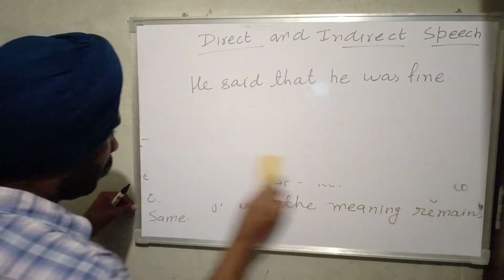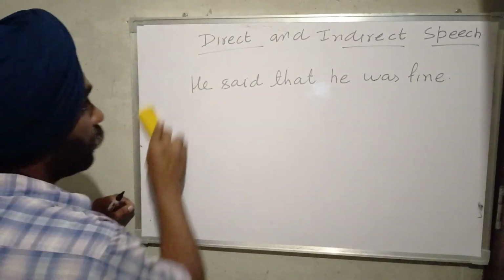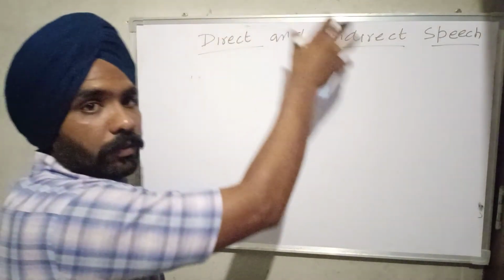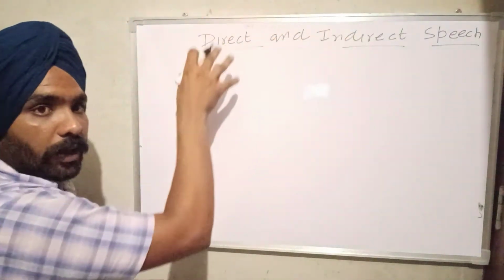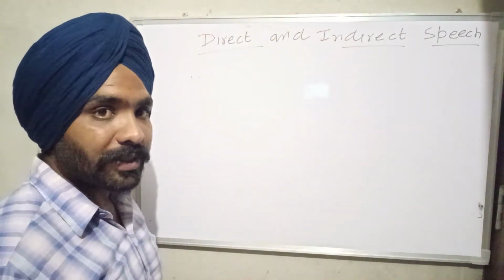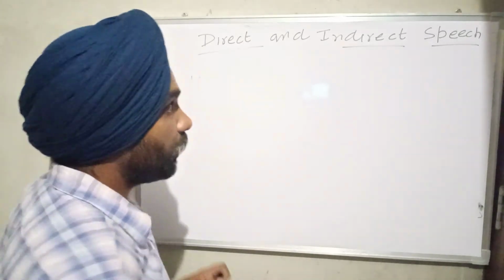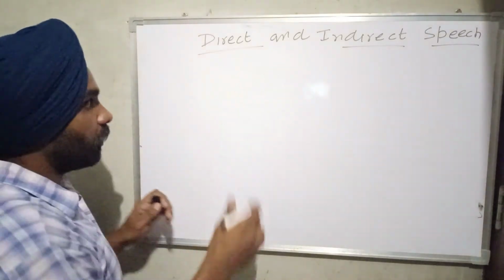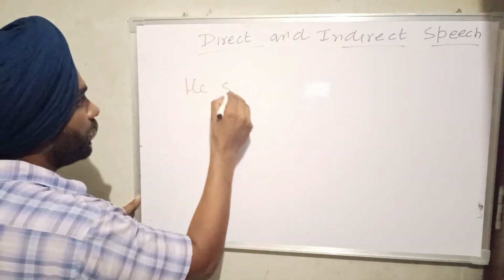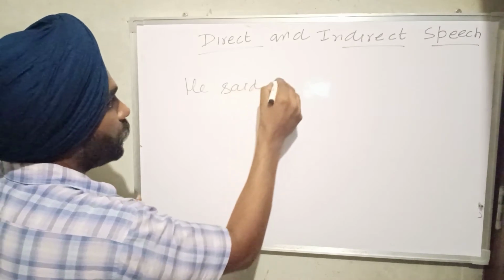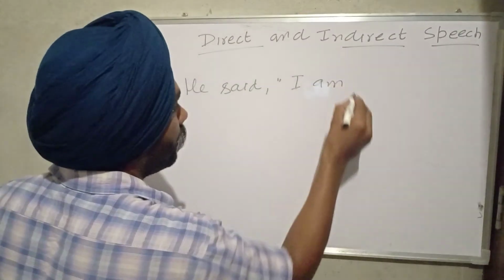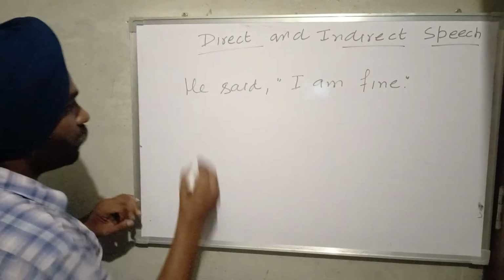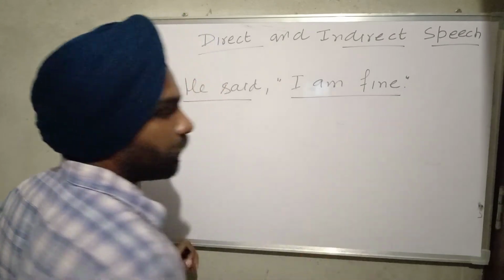So my dear students, there are a number of rules and regulations when we change direct into indirect and indirect into direct. But first of all, we need to understand the actual construction of the sentence used in this kind of topic. For example, he said, "I am fine." I am using the same example to make it easier for you to understand. This is the first part and this is the second part.